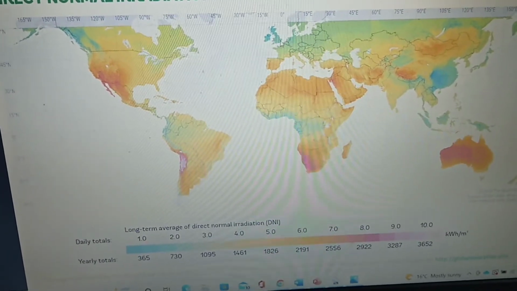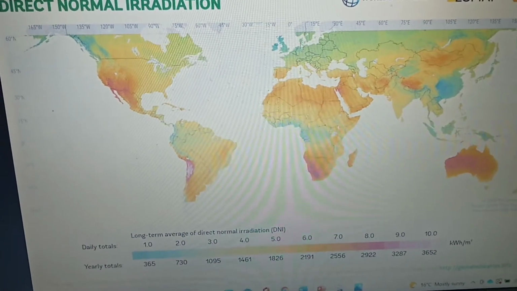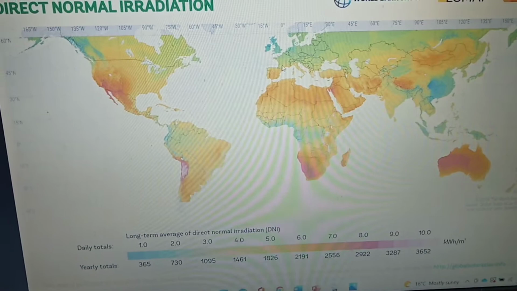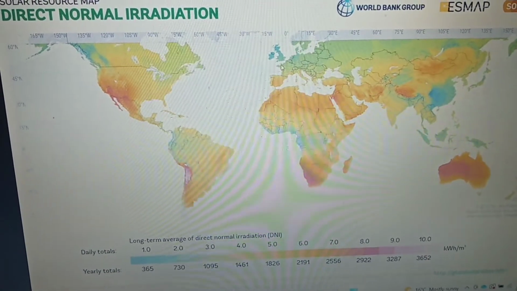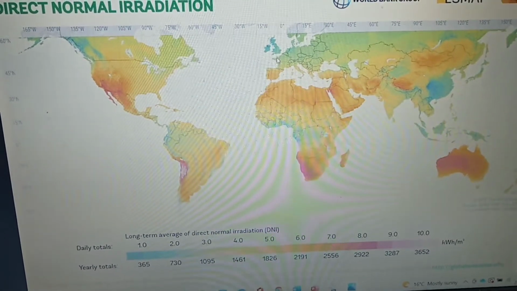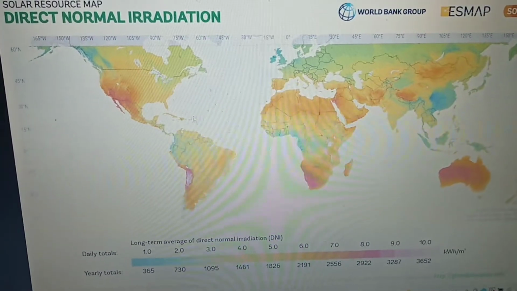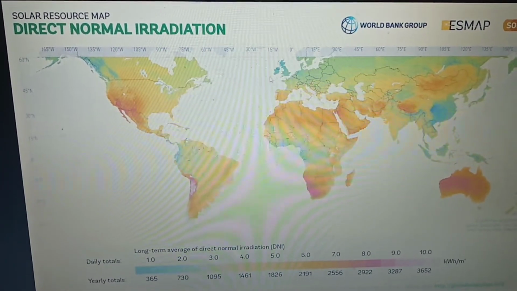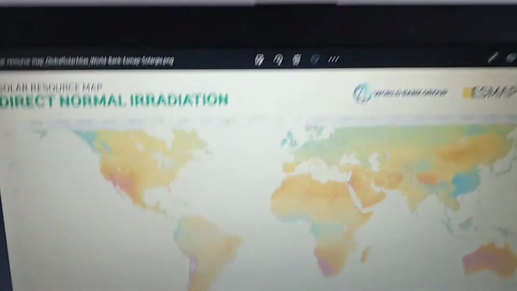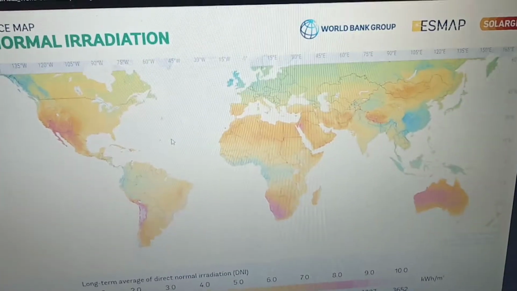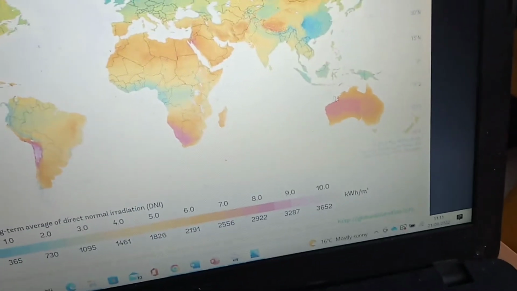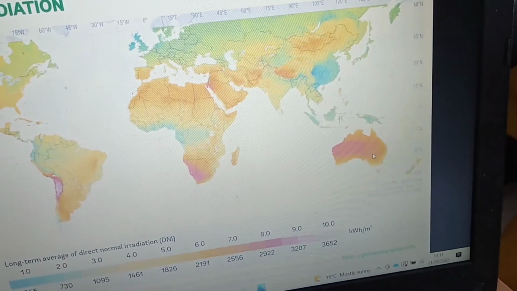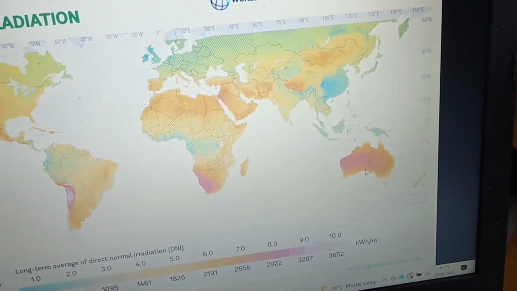Just for comparison, where I am in the UK, we live in a temperate climate because we're surrounded by the big blue sea. Basically, we're an island, and then we have continental Europe here, and the jet stream coming up here, which affects our climate. If we go to Australia, look how it's all red and orange. So there's stronger sunlight there.